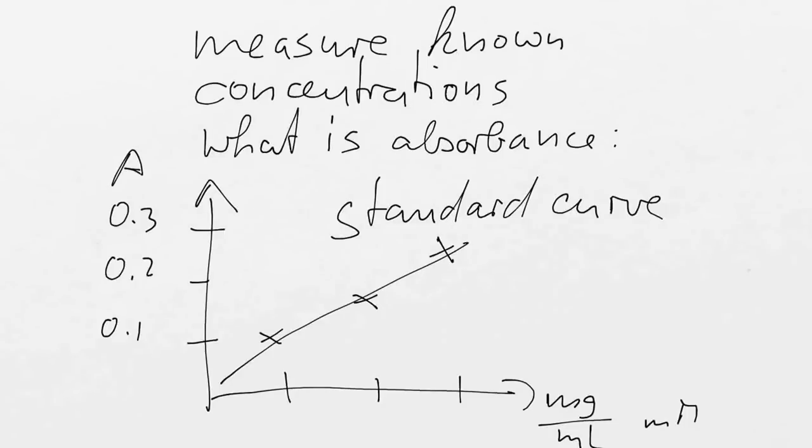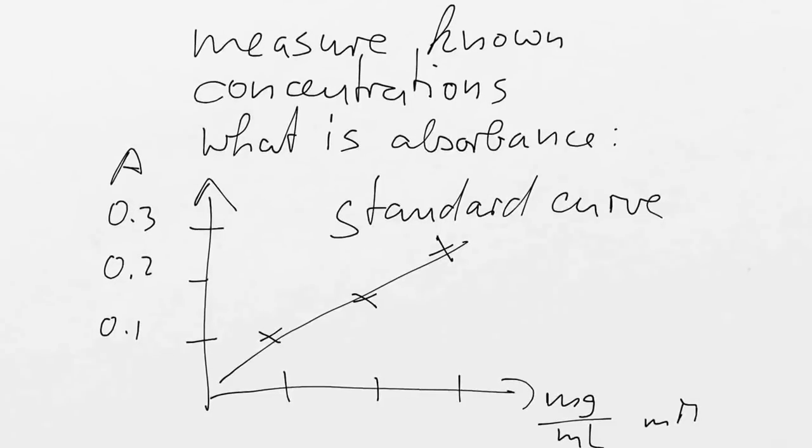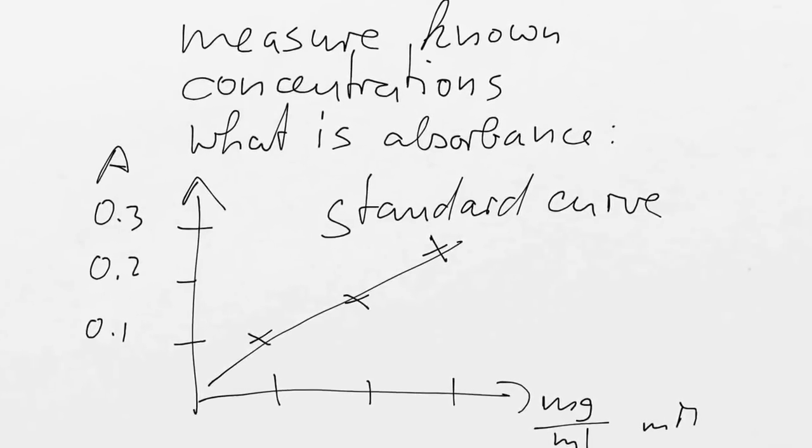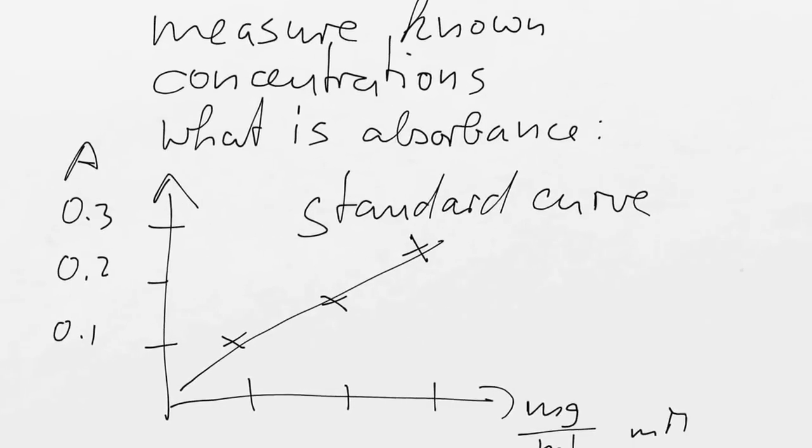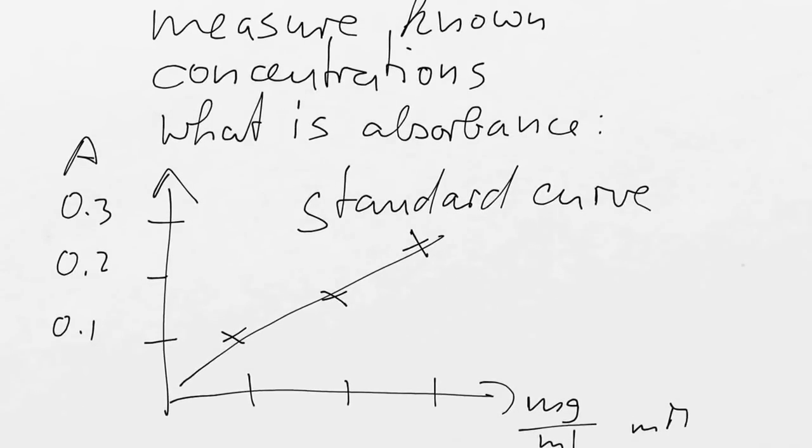And now, what I can do is measure an unknown concentration. Let me do that in red. And I find, for example, this unknown concentration has an absorbance of 0.2. So this is the unknown, the red one.